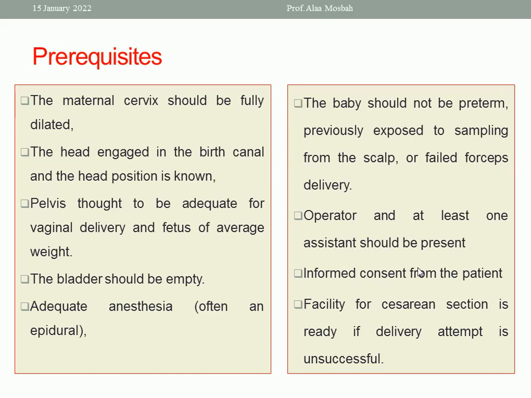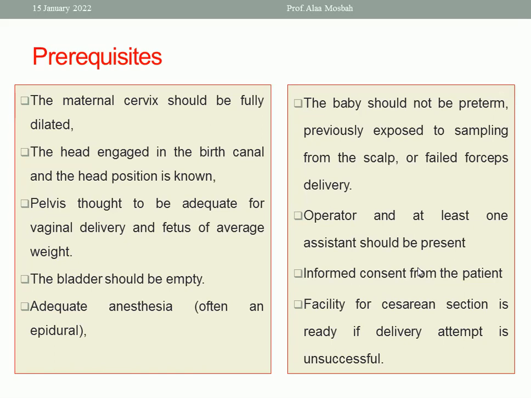The baby shouldn't be preterm, because it is very dangerous for a preterm baby to have vacuum delivery; it may cause intracranial hemorrhage and so on. It will be more injurious for a preterm, especially before 34 weeks gestational age.